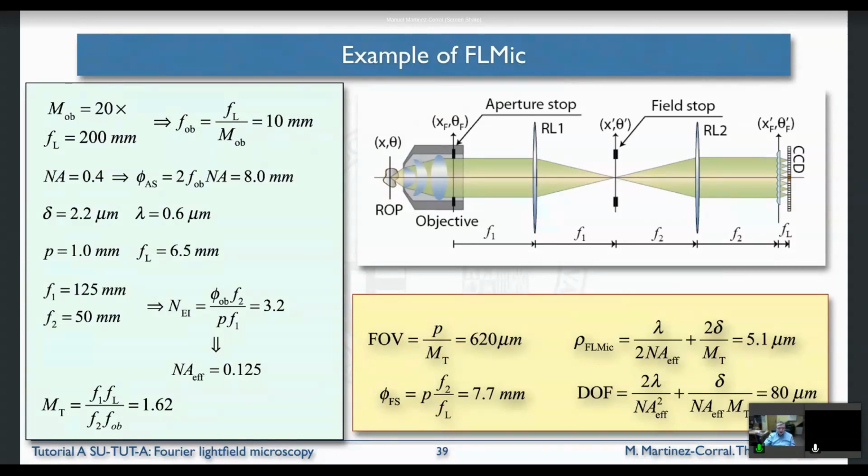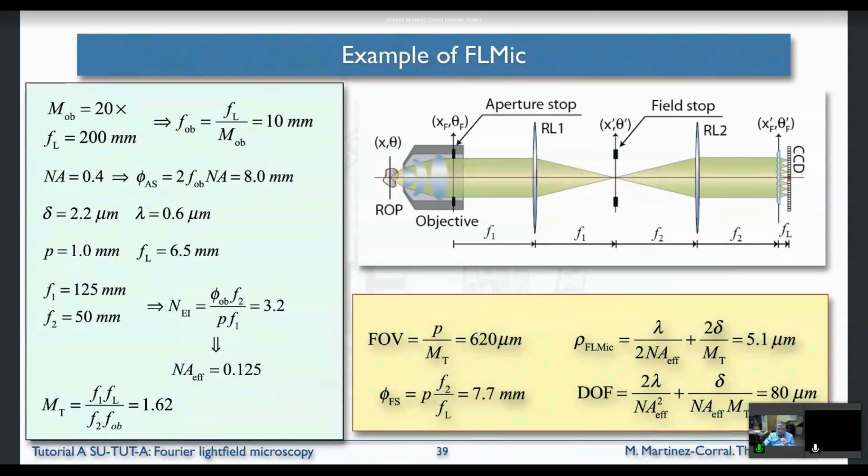And this is the relay. Of course, in the relay you can change the focal length, but we have adjusted it so that, applying the equations, the number of elemental images here is bigger than 3. So we make the calculation and obtain 3.2. This is good because sometimes there is some vignetting you cannot control.